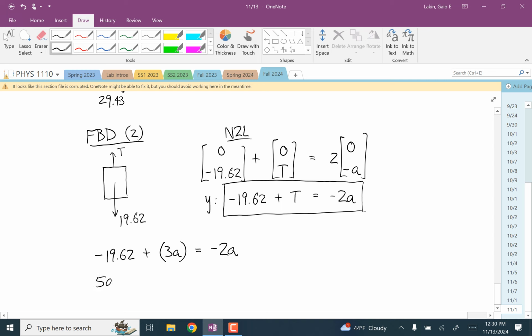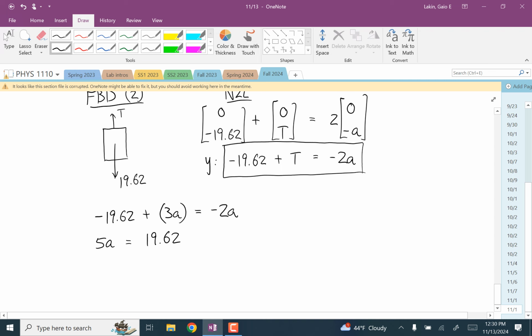And so 5a is equal to 19.62. And so a is equal to 3.92.